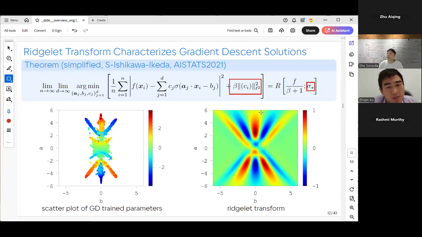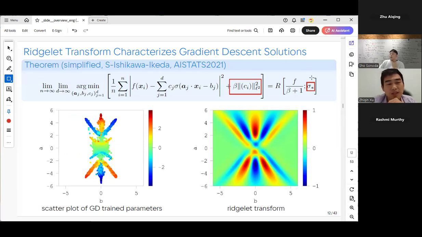So for this specific regularization, do you have any specific interpretation for this distribution? I think because this is a ridge regularization or L2 regularization, this is somewhat a classical regularization.